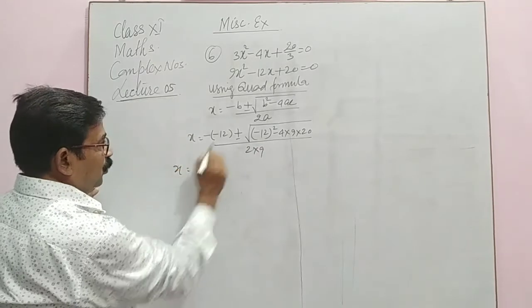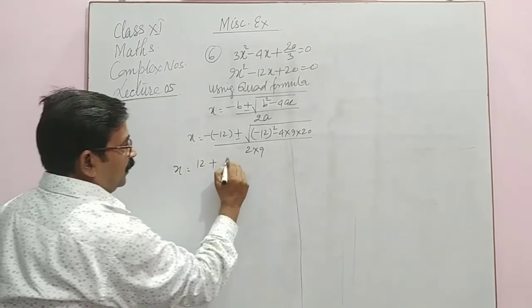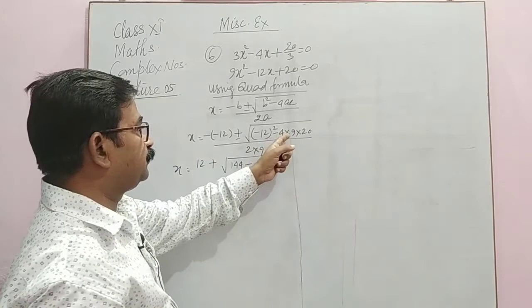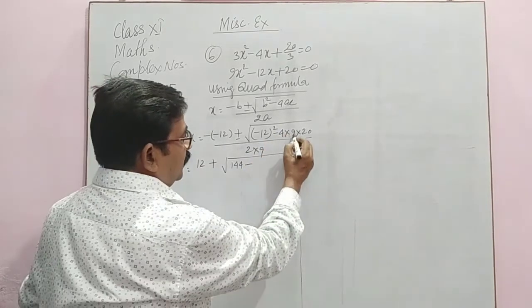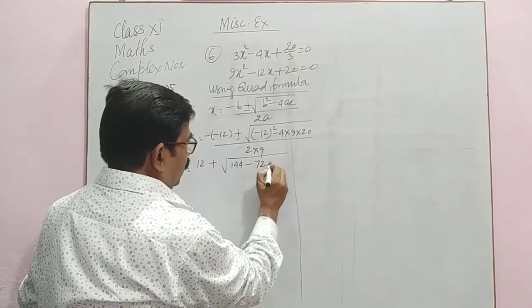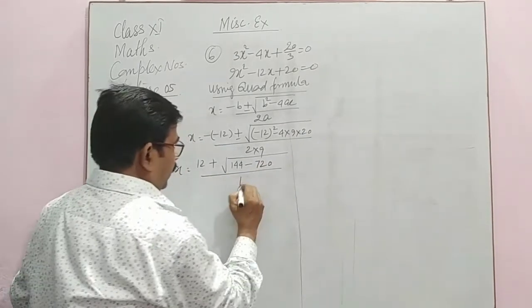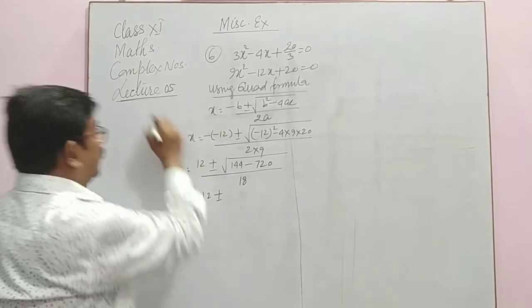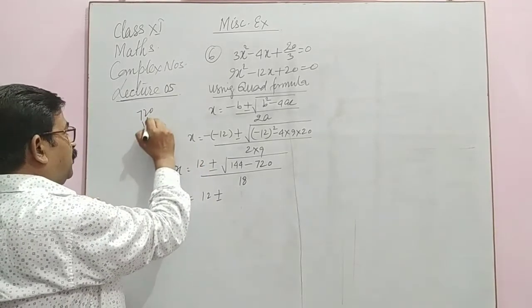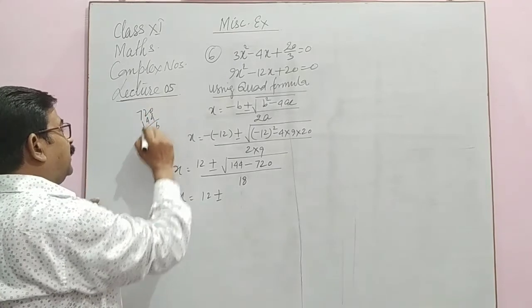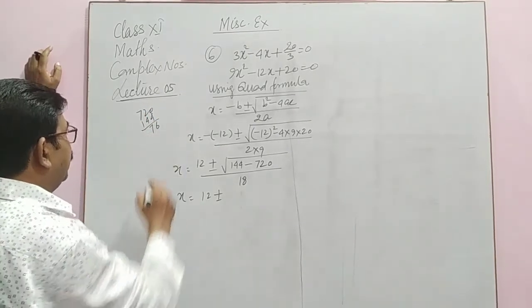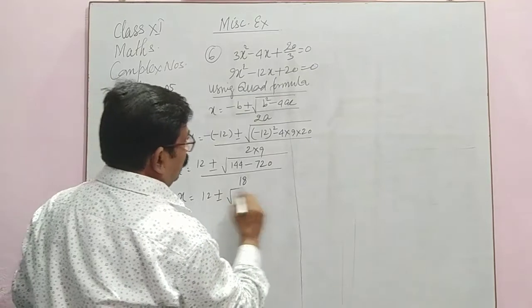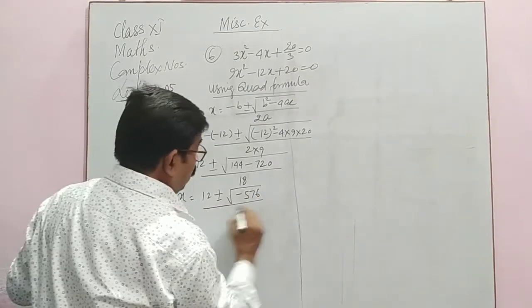So x is equal to 12 plus minus under root 144 minus 720, upon 18. Subtracting 720 from 144, we have 576 under root minus 576 upon 18.